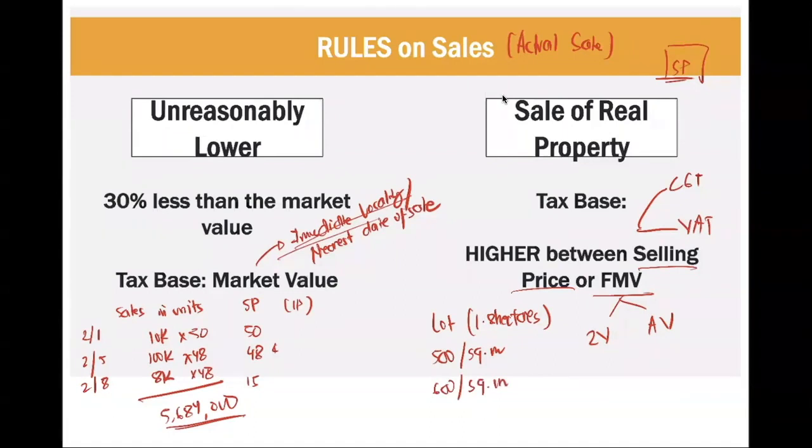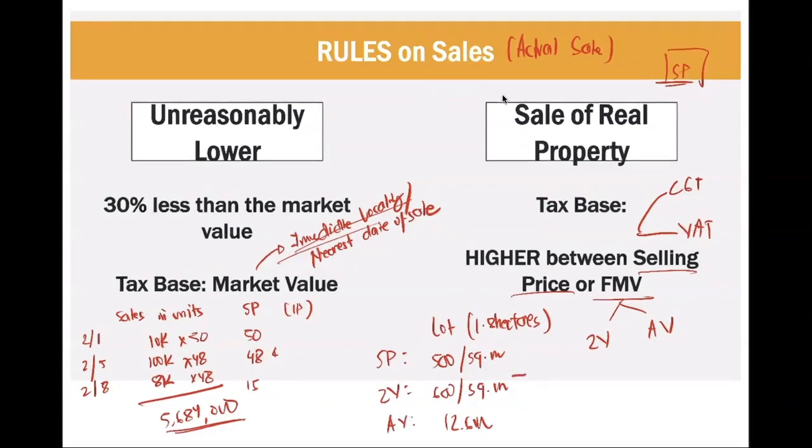And then the assessed value is, let's say, 12.6 million. So we sold a lot, 1.8 hectares. It is 500 per square meter. This is our selling price. Our zonal value is 600 per square meter, and our assessed value is 12.6 million. So you just need to get the higher between these.